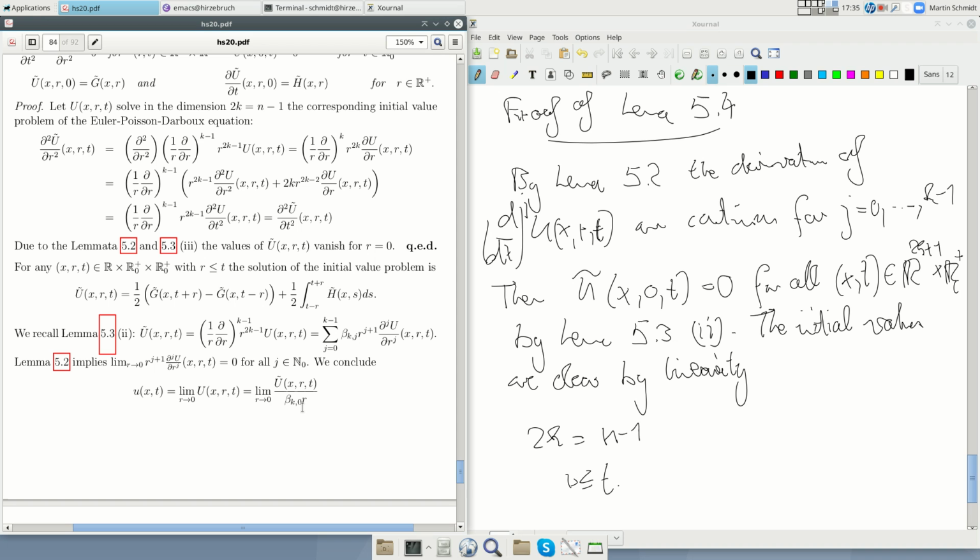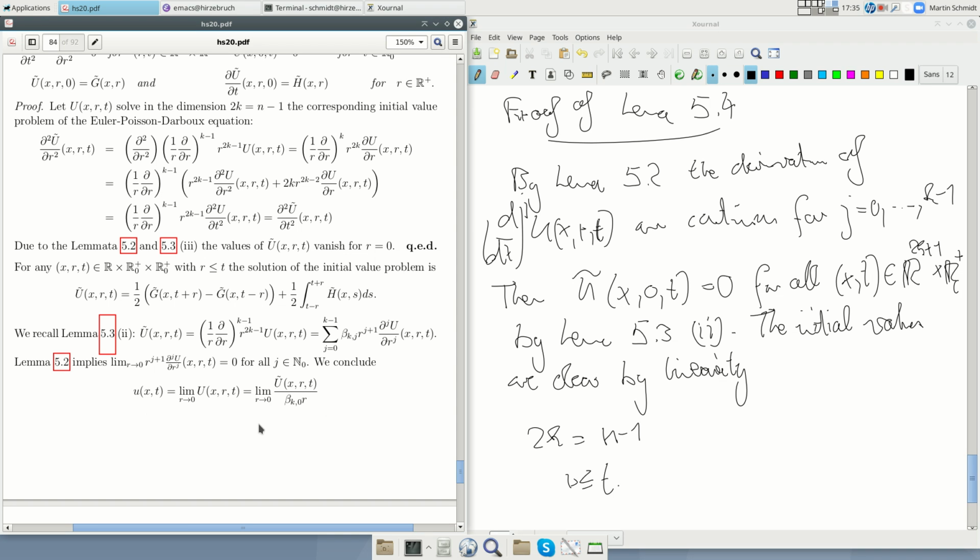If we divide this by r, then there always remains a positive power, with the exception of j equals 0, where there remains no term. So this quotient has a nice limit, and in the limit it's exactly the limit of this, and this is this. Yeah, so we have this nice formula.